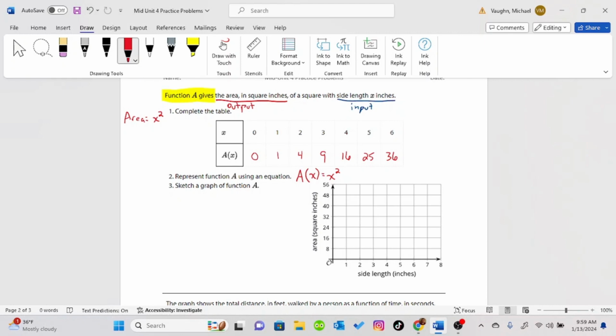And number 3, sketch a graph of function A. We're going to look at the table, and every column in the table is a point pair. The top number is the x coordinate, and the bottom number is the y coordinate. So we're going to put our first point where x is 0 and y is 0 at the origin. Then a point where x is 1 and y is 1.